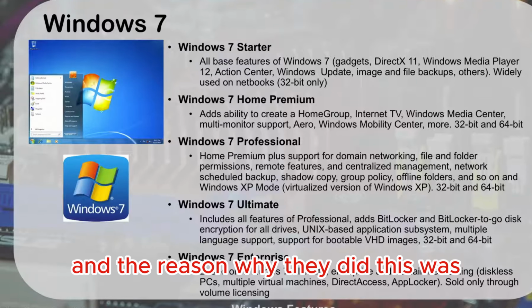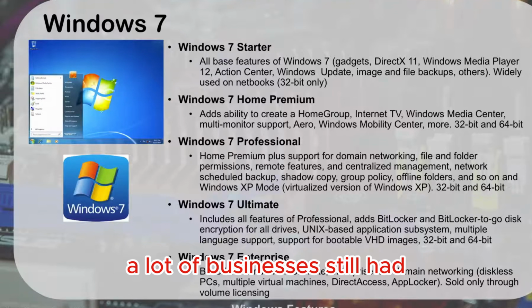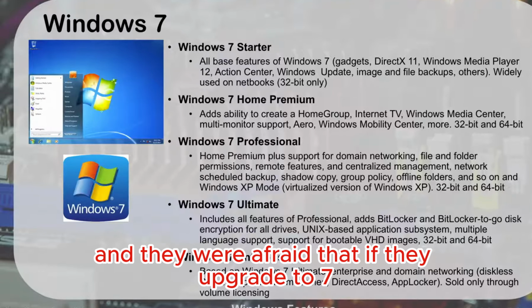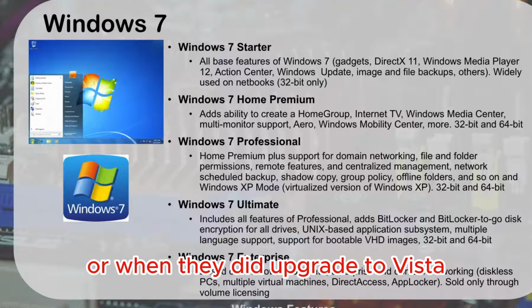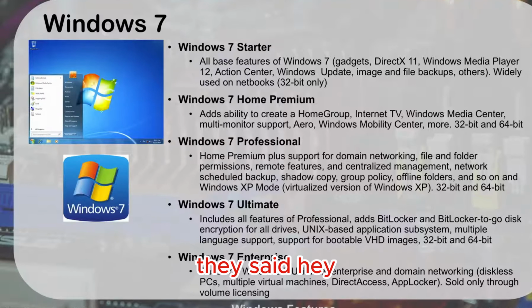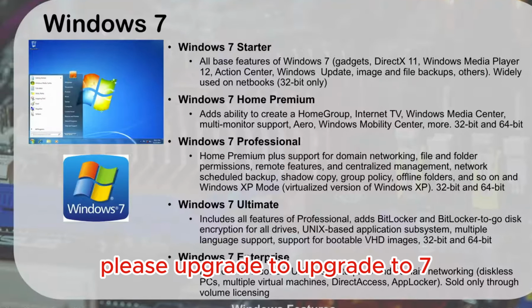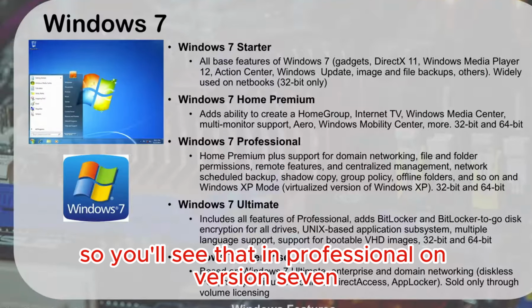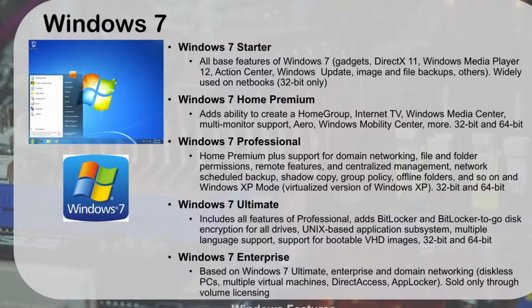The reason they did this was that a lot of businesses still had programs that only ran on Windows XP. When they upgraded to Vista, they found that a lot of their programs stopped working. So when they came to Windows 7, they said, hey, we'll make sure all your programs work. Please upgrade to 7, it'll work for you. They gave this as a foolproof way of upgrading their stuff as well. So you'll see that in Professional on version 7.